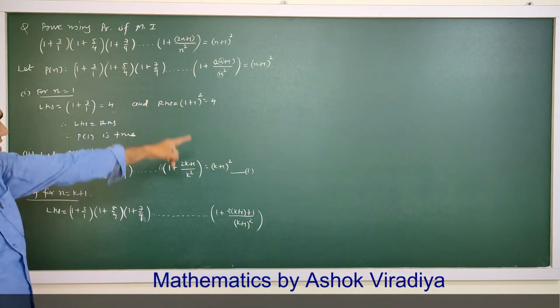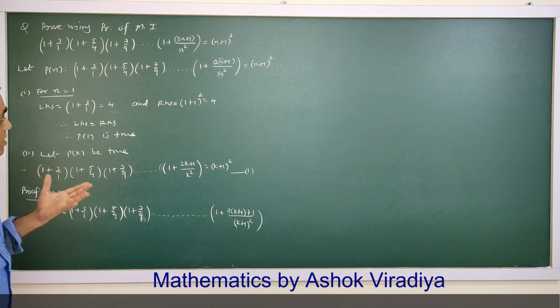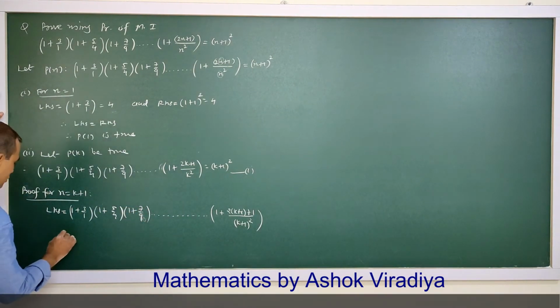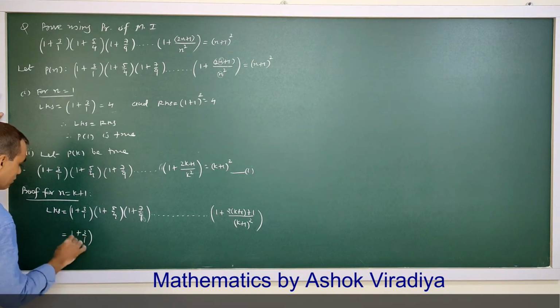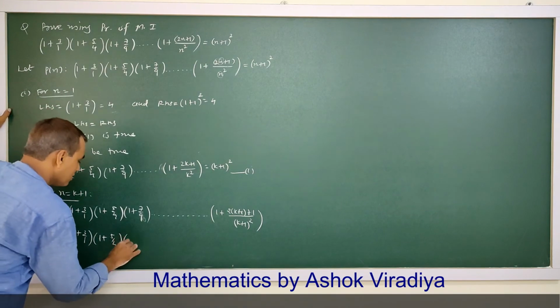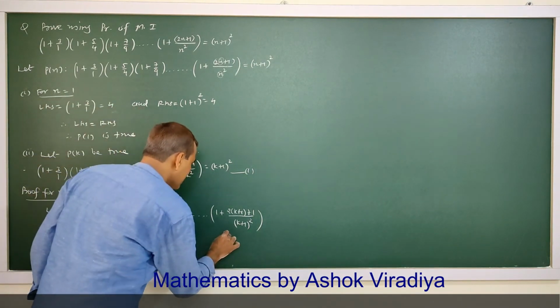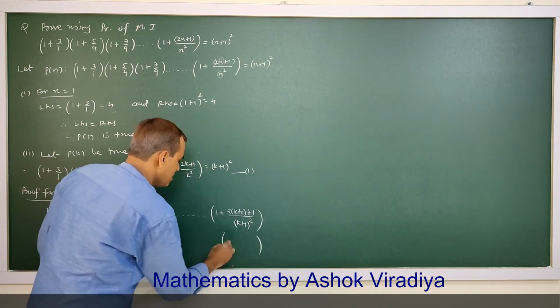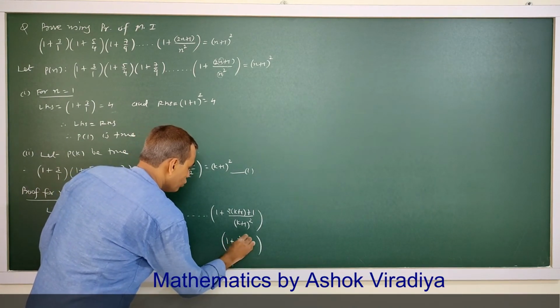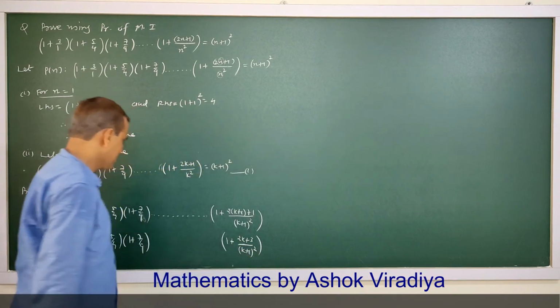So n is replaced by k plus 1. So it is equal to 1 plus 3 upon 1, 1 plus 5 upon 4, 1 plus 7 upon 9, and this is 1 plus 2k plus 3 upon k plus 1 whole square.